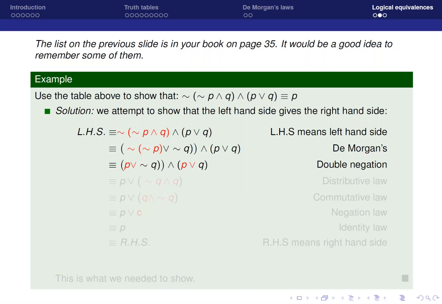Once that's done, I can now use the double negation law to clean up and simplify the first part of this expression. The negative P can be turned into a P, and that's using the double negation. Once I do that, I notice that there's a P or in the first parentheses and another P or in the second parentheses.